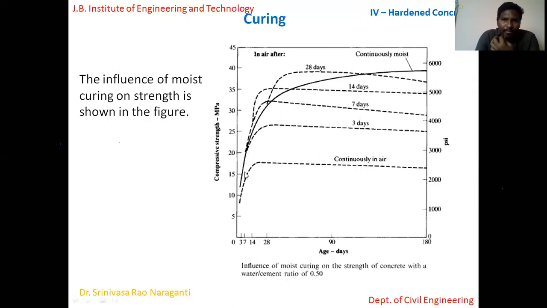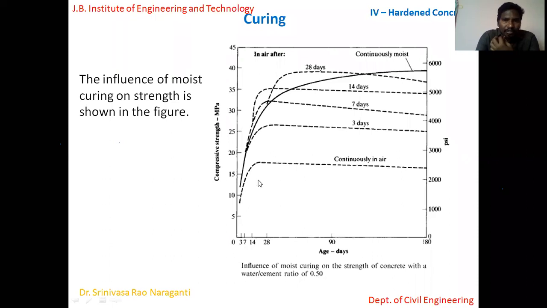The solid line says continuous moisture. That means you provided complete moisture to the concrete, for example completely covered with water all the time until 180 days. Then the strength it is likely to get is about 40 MPa with complete curing.